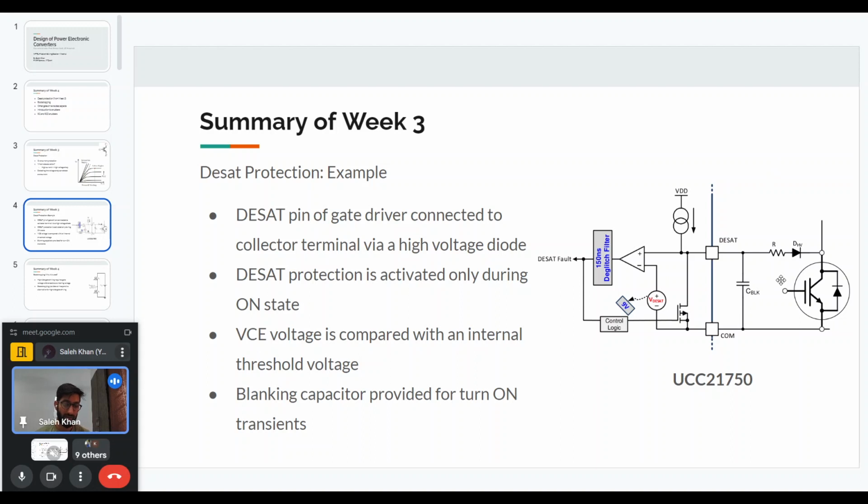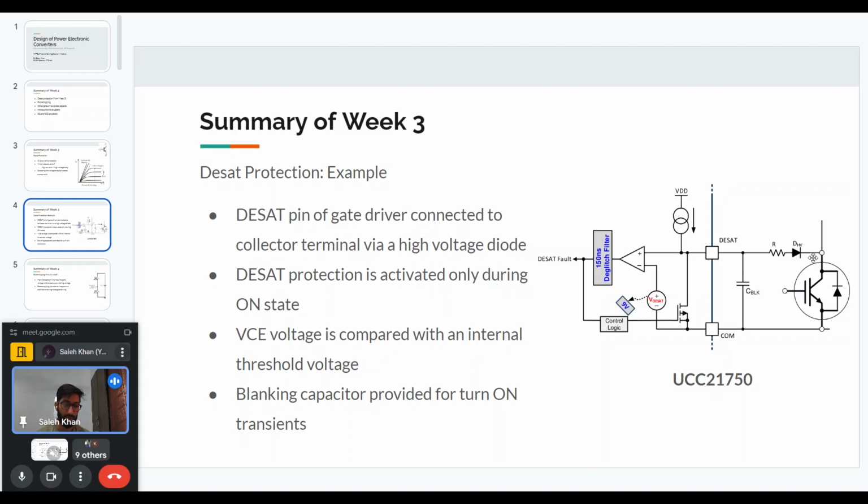During that time, if there is no capacitor, and the voltage at the collector terminal instantly comes to the Desat pin, then the fault will be triggered even though there is no fault condition. It is just that the device was off, so it had a large voltage at the collector point. And when we turn on, it will take some time for that voltage to drop.